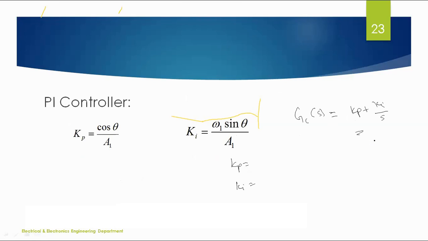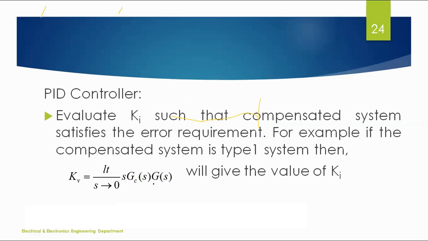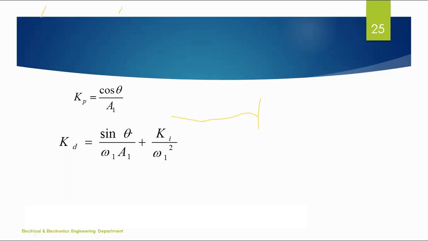In the PID controller, again using the error constant. For example, for a type 1 system we can use KV, that is limit S tends to 0 of S into GC of S into G of S. From this velocity error constant, we will find KI. KP is the same formula, then KD, and KI equal to KV.